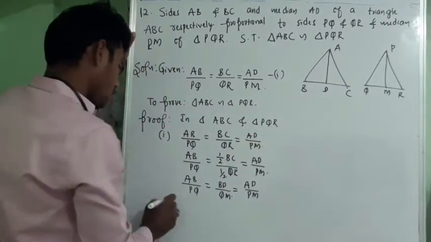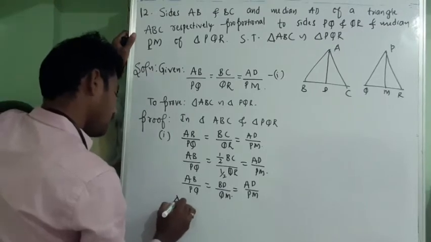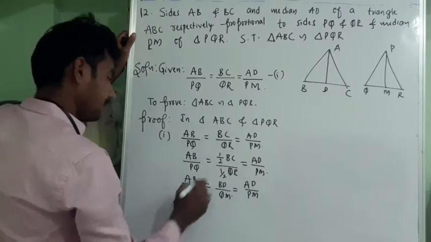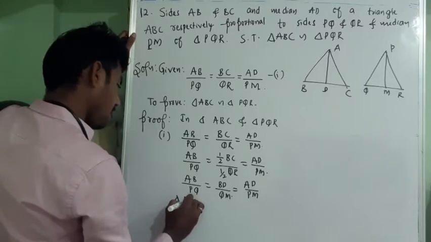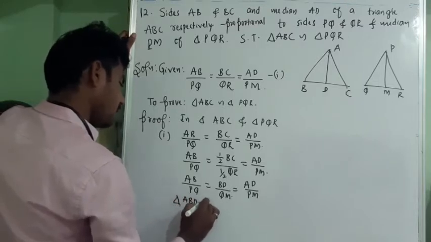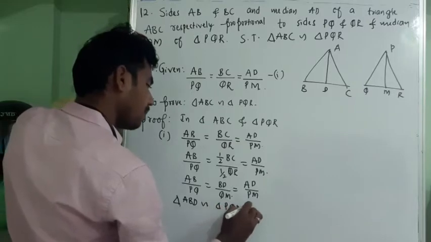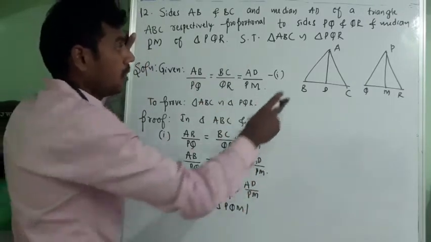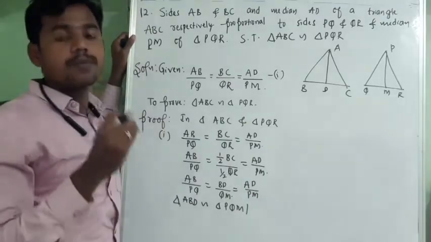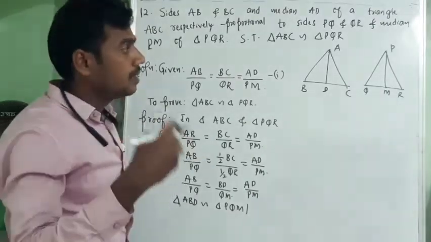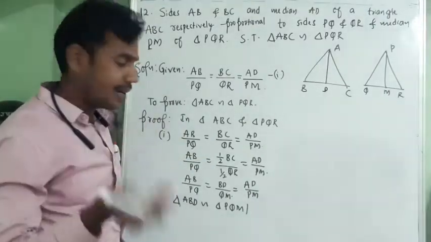See, triangle ABD is similar to triangle PQM. Why? All the three sides of one triangle are proportional to all the three sides of the other triangle.